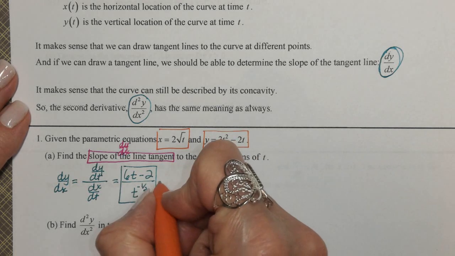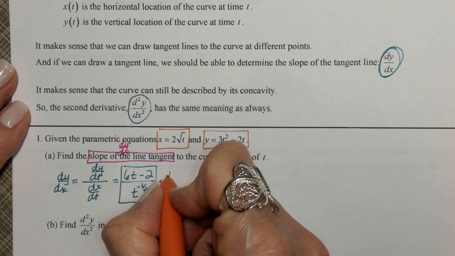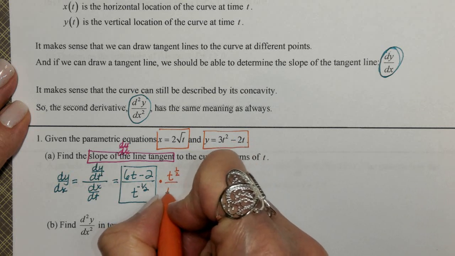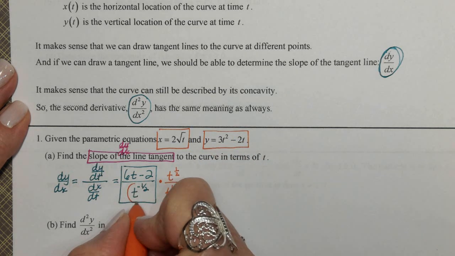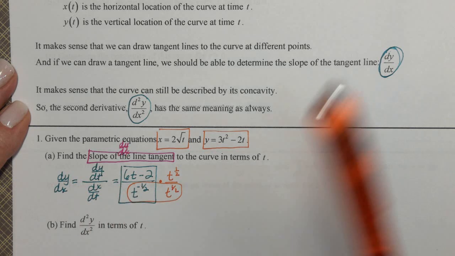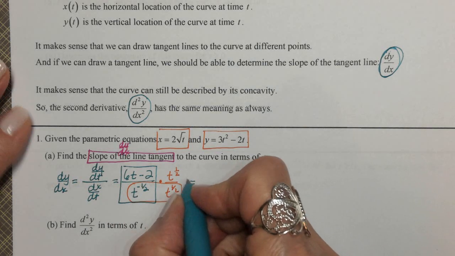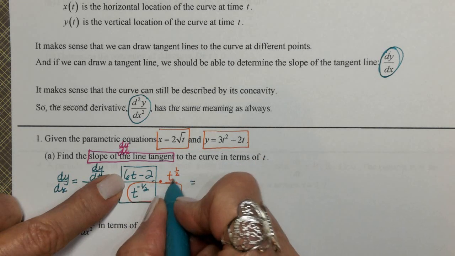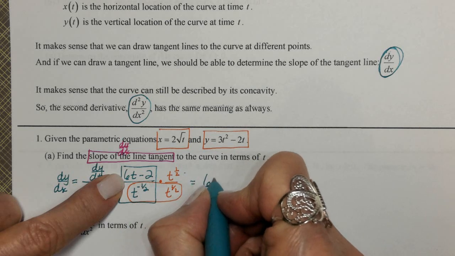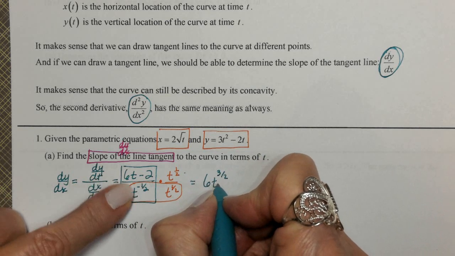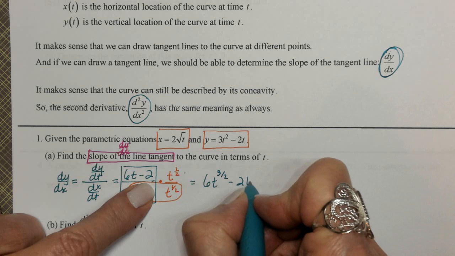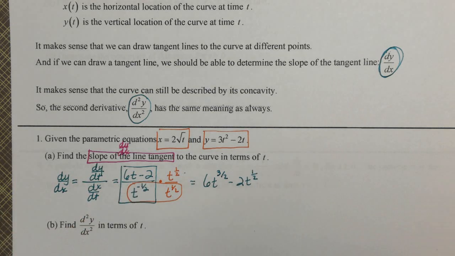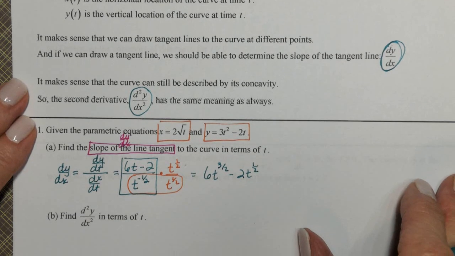I would multiply top and bottom by t to the 1/2 to get this bottom to be a 1. And so this would be 6t times t to the 1/2, which is 6t to the 3/2, minus 2t to the 1/2. So I can see that being a multiple choice answer.